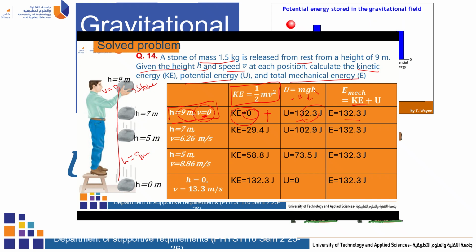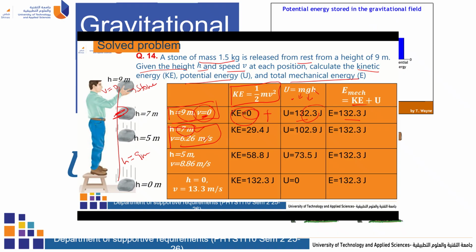Now we are going to some other point, collecting some data for the kinetic energy, the potential energy and the total. When the height is 7 meter, the velocity is given as 6.26 meter per second.